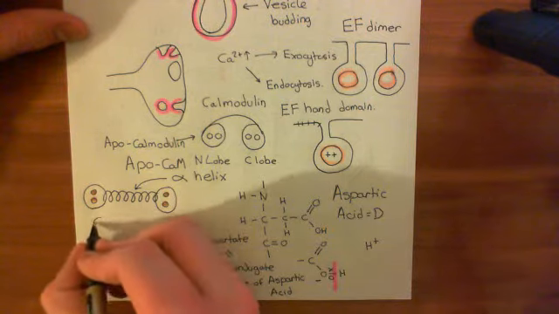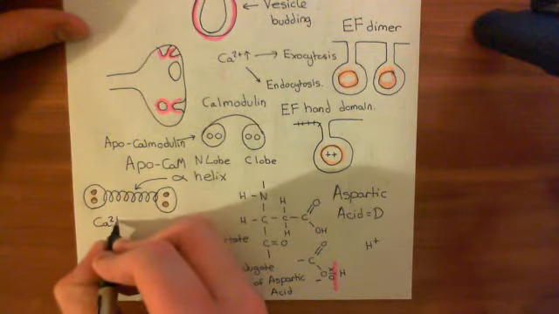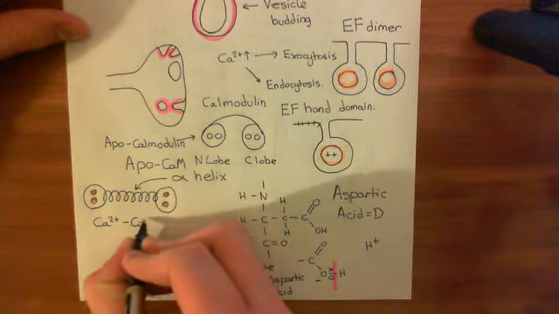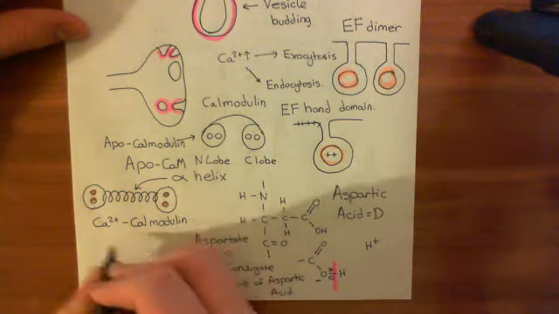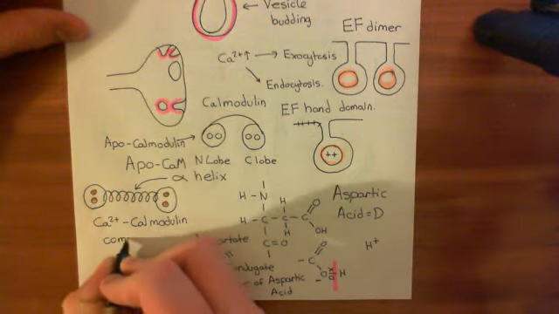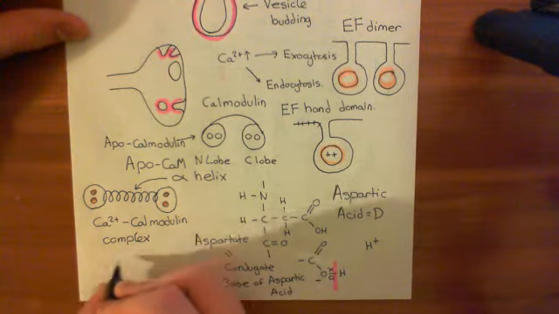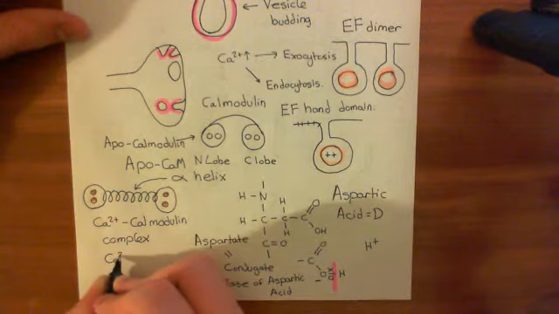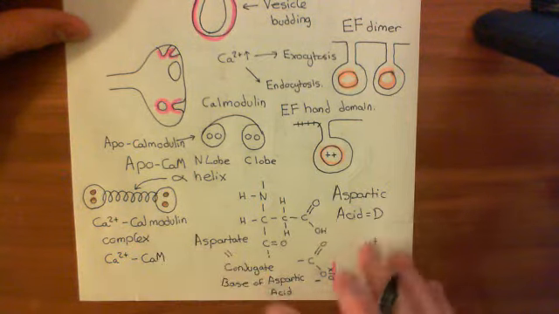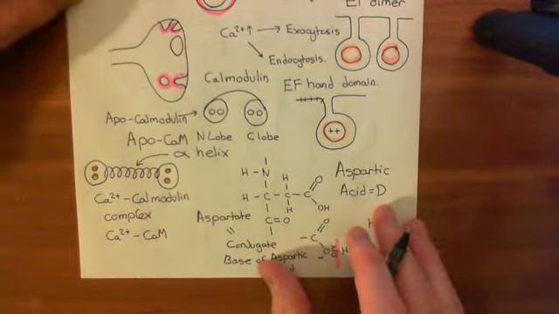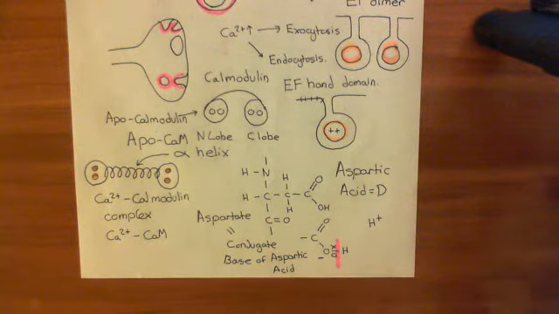Okay, now this structure here is known as a calcium Calmodulin complex. Okay, so this is a calcium Calmodulin complex. And the shorthand for a calcium Calmodulin complex is to call it a Ca2+CaM. Again, the shorthand for Calmodulin is capital C, lowercase a, uppercase M. Okay, so calcium Calmodulin complexes.